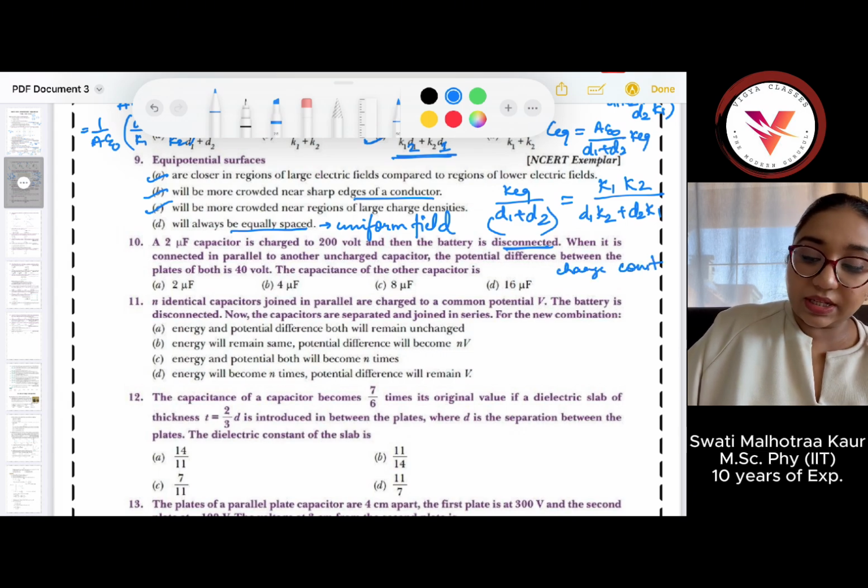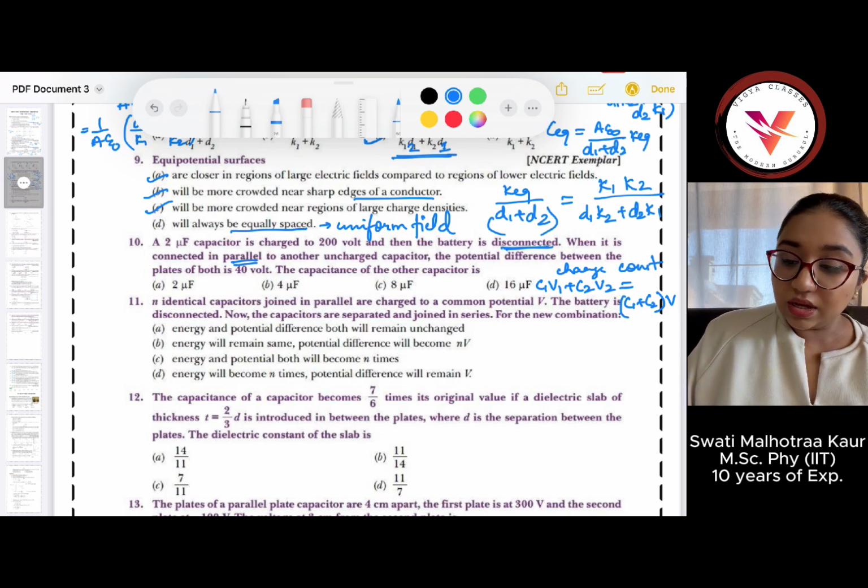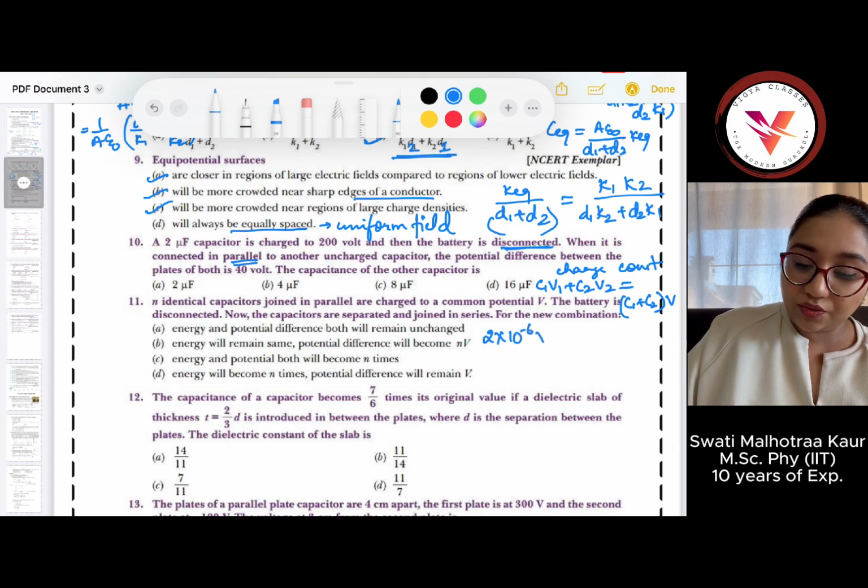So charge before connection, C1 V1, is equal to charge after connection, and they are connected in parallel, so C1 plus C2 into V. The charge before and after is equal because you have disconnected the battery. So now C1 is 2 microfarad into V is 200. Another is basically uncharged. It has no potential, so it's 0, no charge.